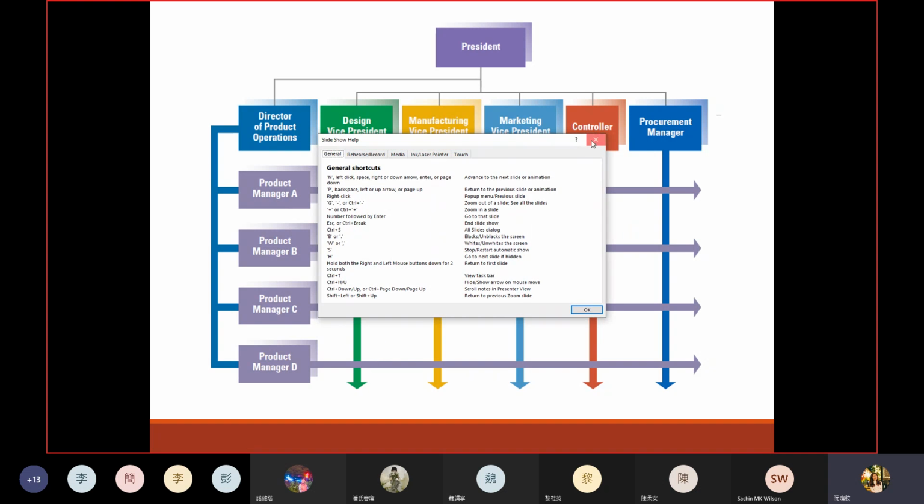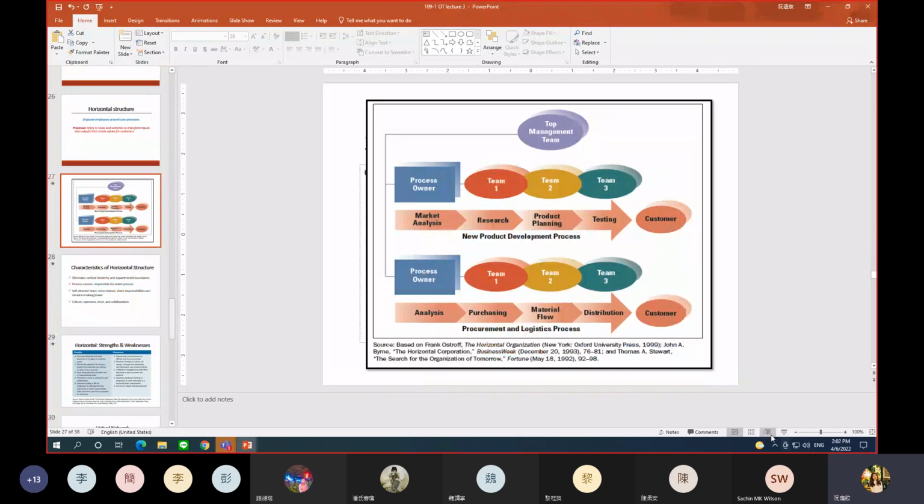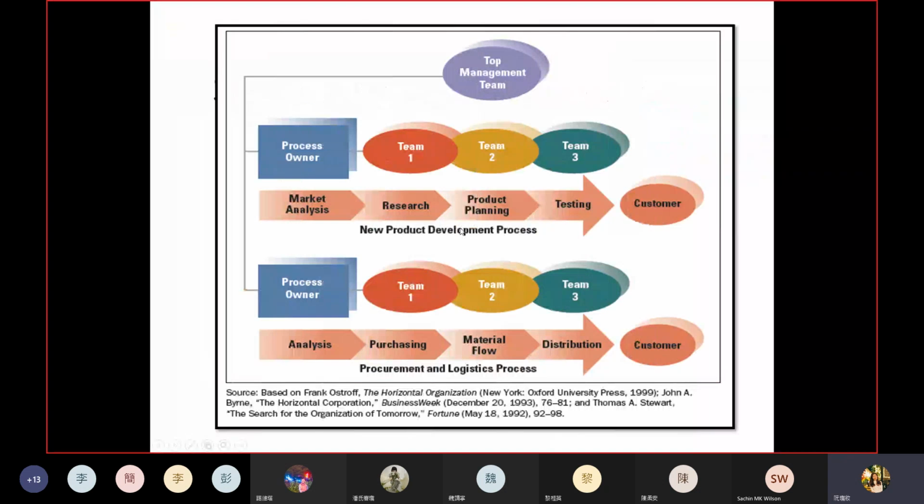However, if you look at horizontal structure, like I mentioned before, you will have different requirements, different tasks to be finished in each process. So you cannot, for example, here you have research, but this one you don't have it. So that's the most important difference between matrix structure and horizontal.